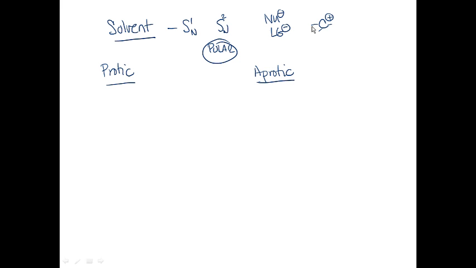Okay, so when I talk about the rates of SN1, SN2 reactions as they relate to solvents, I automatically am talking about two classes of polar solvents, those that are aprotic and ones that are protic. Now, instead of protic, I like the terms hydroxylic and non-hydroxylic.